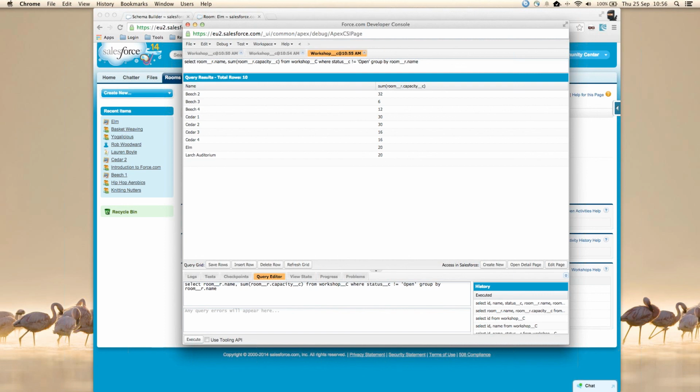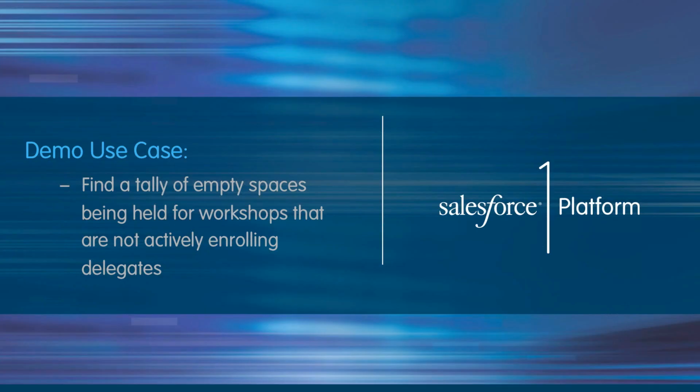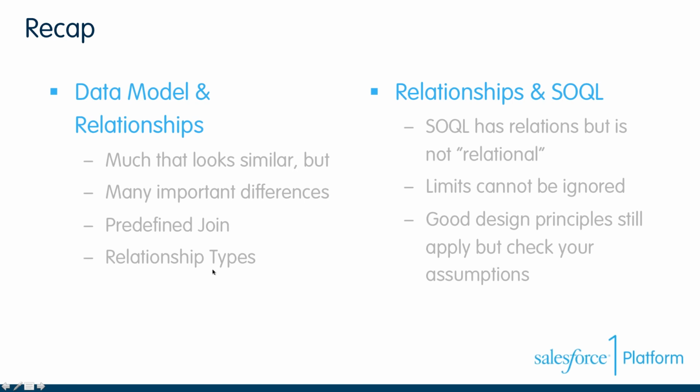Okay, let's jump back into the slide deck. So we've been looking at data models and relationships. There's a lot that's very similar if you've come into this from a standard relational database background, but there are a lot of important differences that we've covered somewhat briefly, and obviously if you look at our documentation you can find a lot more detail about that.